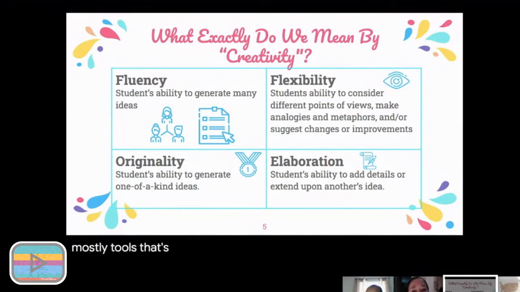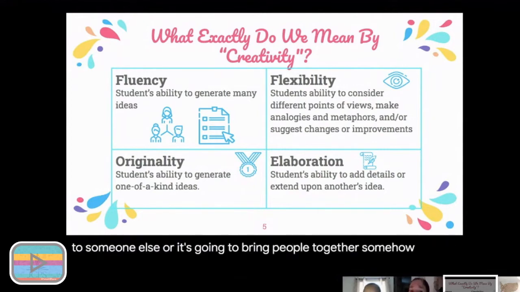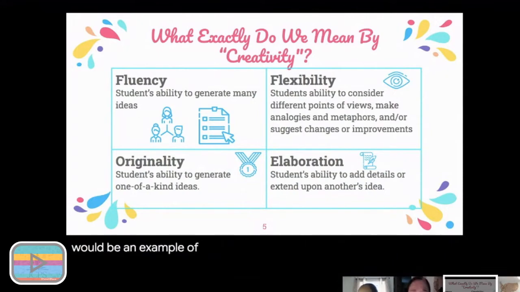That's not very flexible. That's fluent. They can come up with tons of ideas on how the paperclip is a tool, but very rarely do we see them coming up with something besides a tool, maybe a piece of artwork, or they're going to give it as a gift to someone else, or it's going to bring people together somehow. That would be an example of flexible thinking.